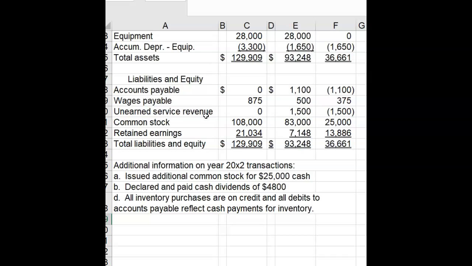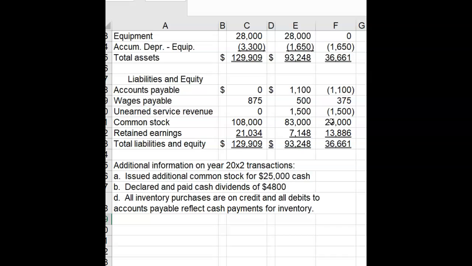Looking at the equity accounts, we can see that common stock increased by $25,000. It was $83,000 at the end of last year, and it was $108,000 at the end of 20X2. Therefore, there was a $25,000 increase.